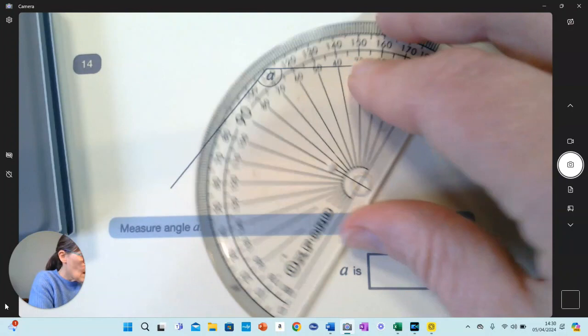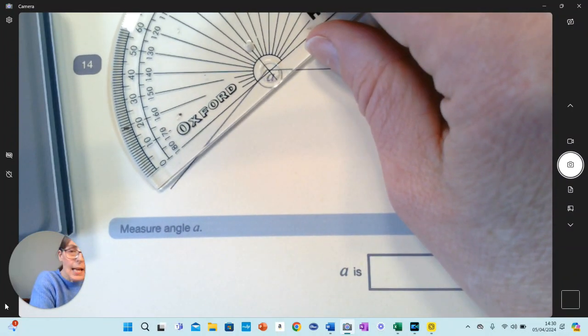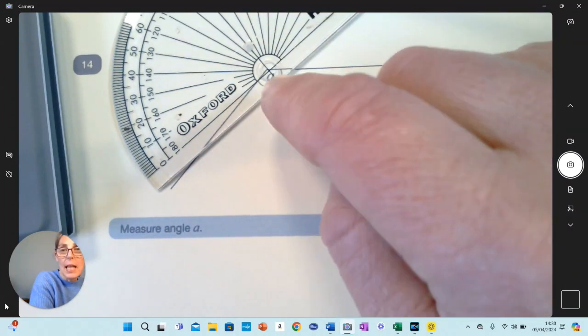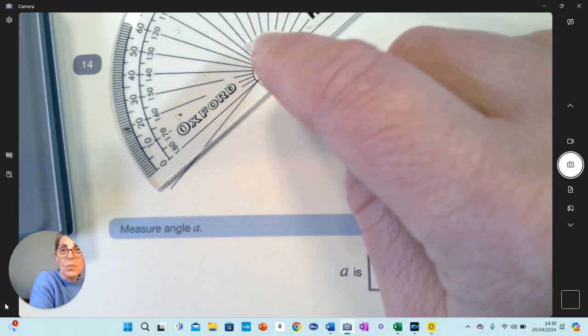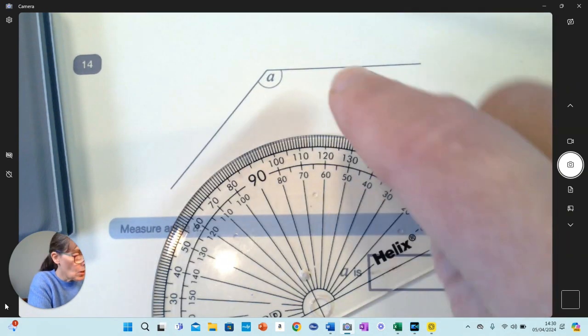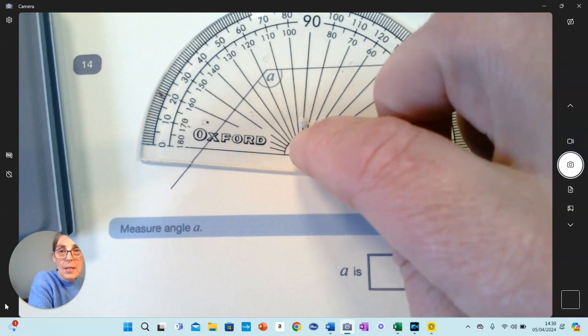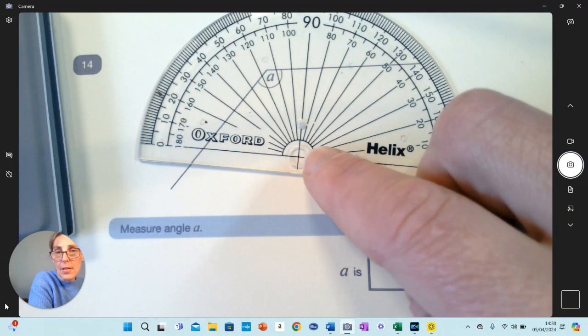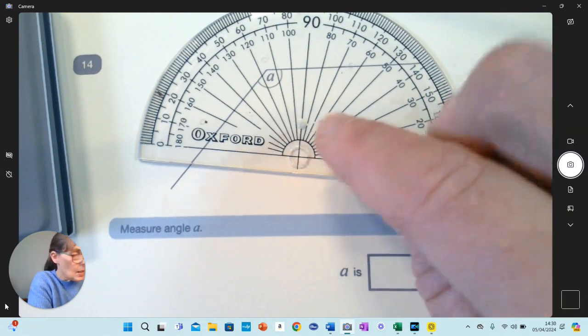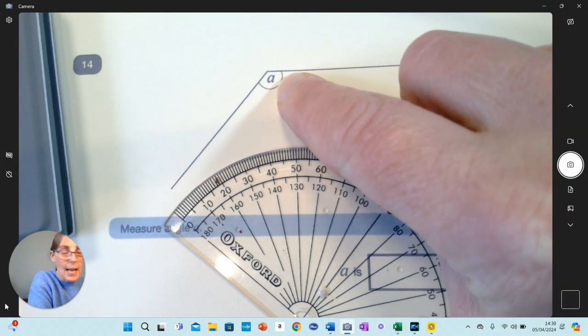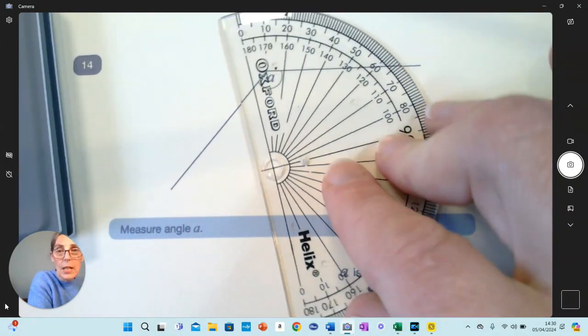If I put it there, it doesn't measure anything. It just measures the angle on the other side. What we've got to do is get this bit here to be on that A. So I've got to turn it around.